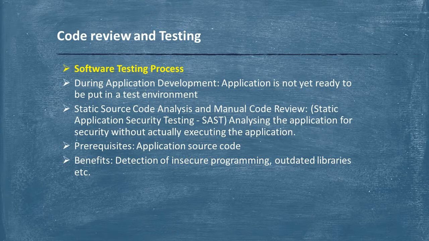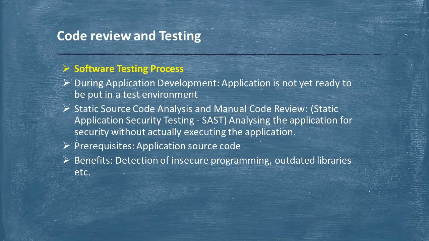Now during the application development also, a static source code analysis can be performed, or a manual code review can also happen. A tester can review the code and find possible bugs. And there are tools like source code analyzers that can be used to analyze the code being developed. The prerequisite for this is that the application source code should be available.